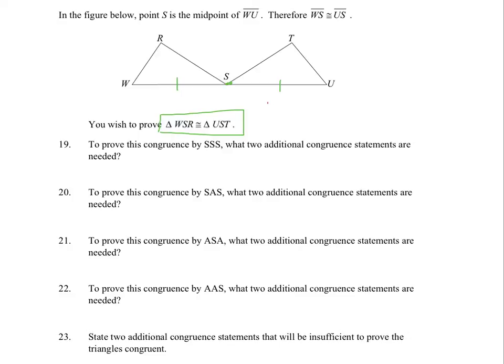So we're going to need to know that RW is congruent to, and we can use this to help us. So if I pick RW, then I have to pick TU. So RW is congruent to TU, and RS is congruent to TS. This will give us all 3 sides are congruent, which is SSS.